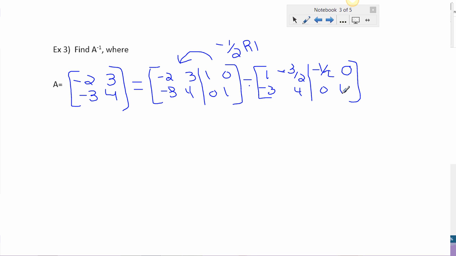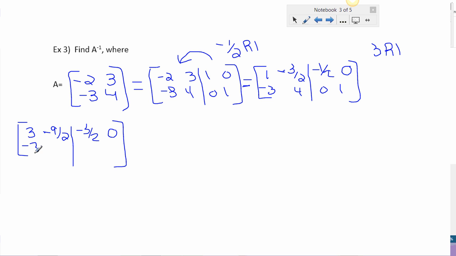Well, now that we've got that, how about we look at adjusting this -3. We'd like it to be 0. So what if I multiply row 1 by 3? Because if I multiply row 1 by 3, it's going to allow me to add row 1 and row 2 together to get a 0 in that spot. So row 1 times 3 becomes 3, -9/2, my apologies, -3/2, 0.